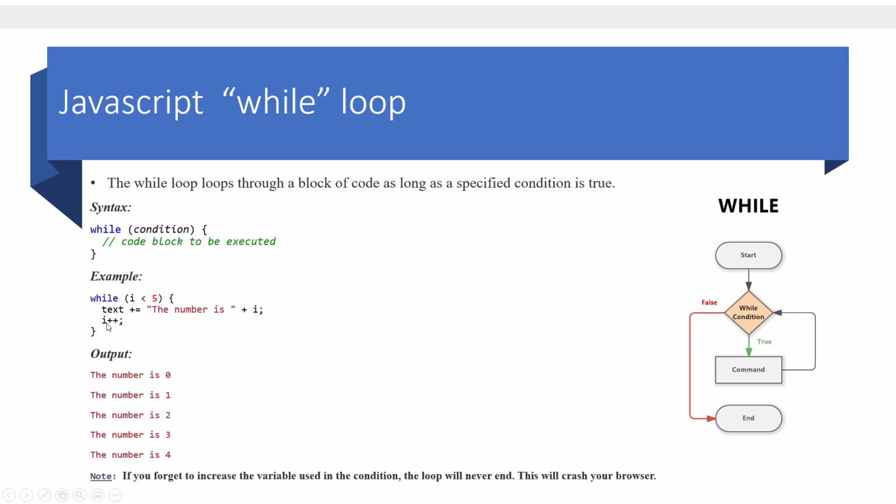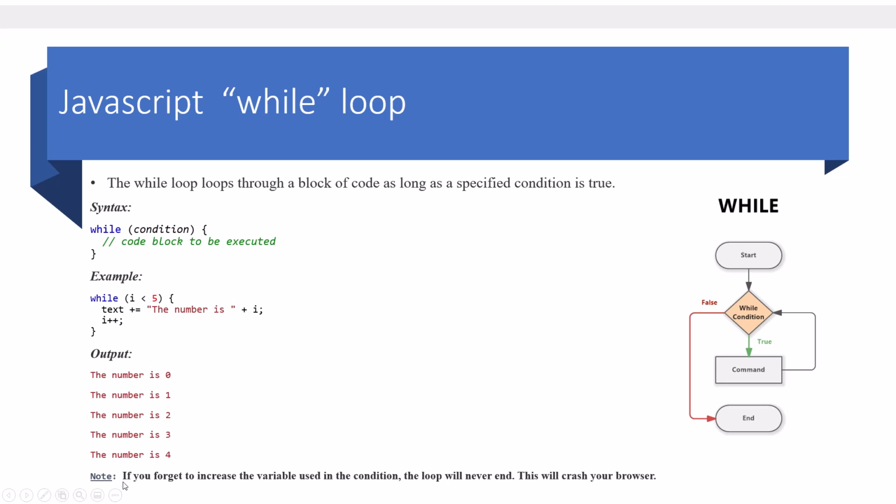Now here the I value is 1. Again we'll check the same. The number is 1. Again plus plus, it will be 2. The number is 2. Means until the number is 4, the block of code will get executed. And after that, when I plus plus, the number is now 5, then 5 less than 5, here the condition is false. That time it will come out of the loop. So here the while condition now is false.